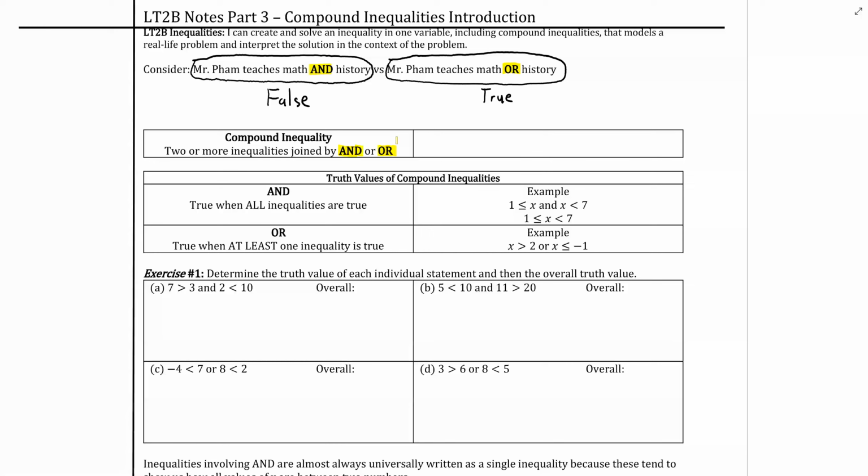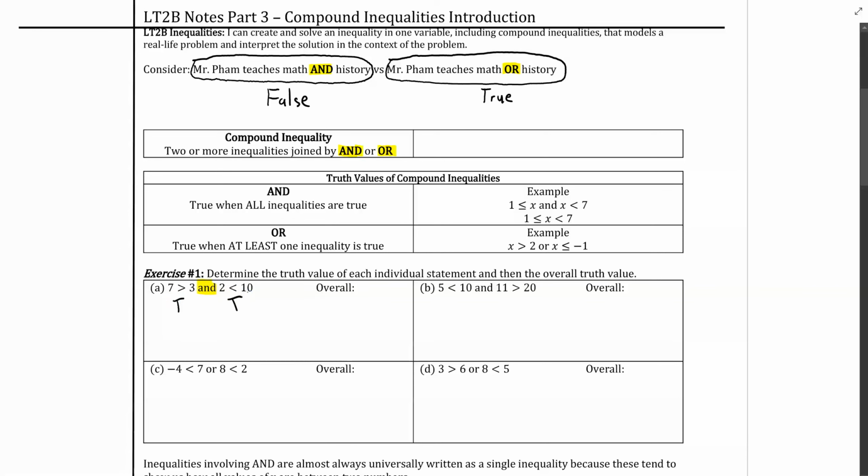So in exercise 1, we want to determine whether the entire statement is true or false. So here we have 7 is greater than 3 and 2 is less than 10. Well, the conjoiner is the and. 7 greater than 3 is true. 2 less than 10 is true.